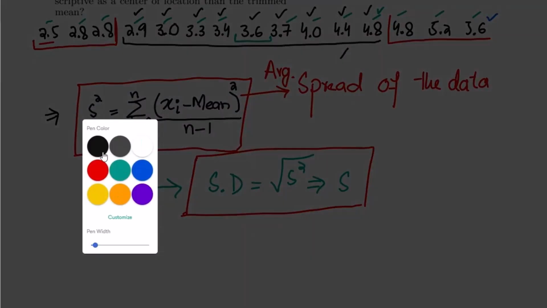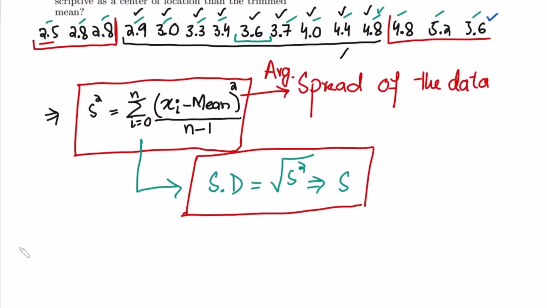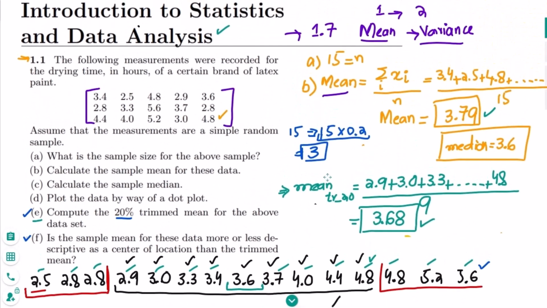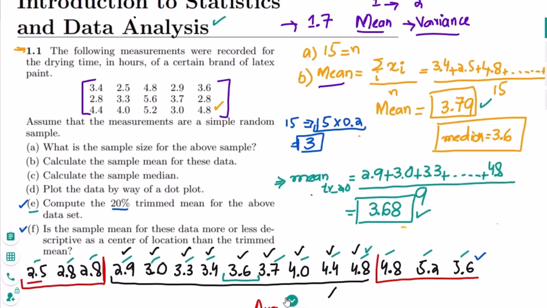So let me start here. Let me find S square. The data we have: the first point is 2.5, and do we have a mean for this problem? We can recall that we have already found the mean of our data, and that is 3.79.